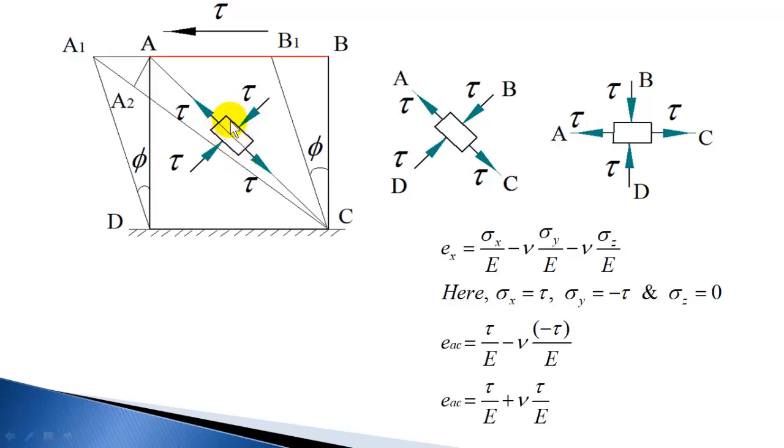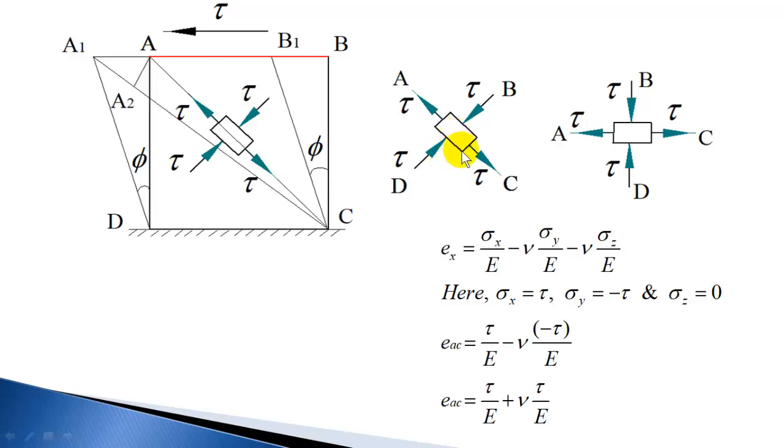A small element I have taken along this diagonal AC: the normal stress acting is tau, and along the perpendicular diagonal there is a compressive stress. So along AC there is a tensile stress of magnitude tau, and along the perpendicular diagonal you have a compressive stress of magnitude tau.